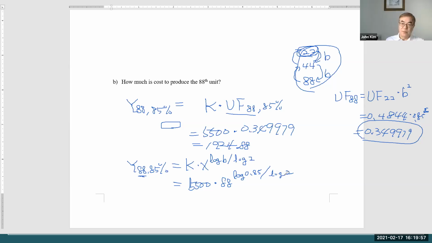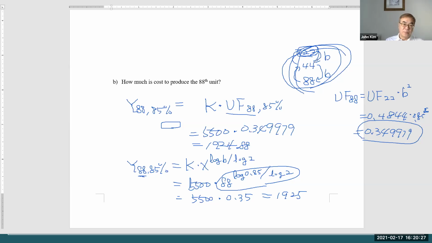This part is this one, then it's approximately 1,925. So either way, using the arithmetic learning curve concept with the table, the charts, or using the formula, either way is okay.